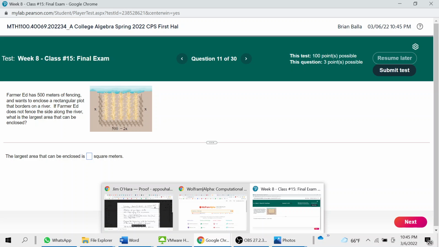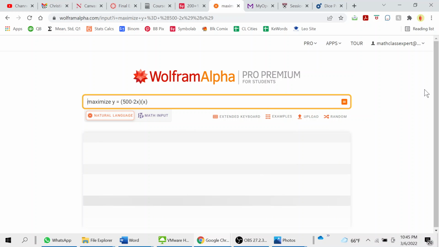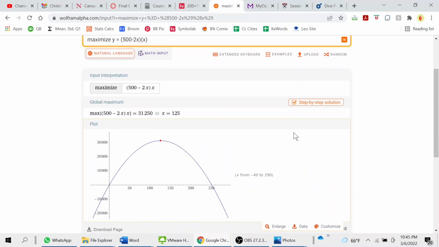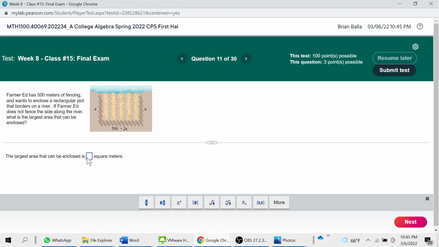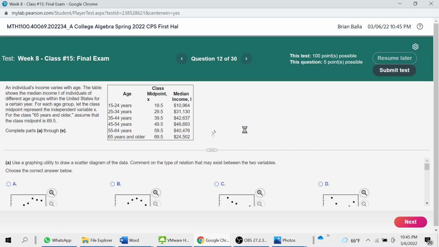Does not fence alongside him. Let's see what this says. The value of x is 125, and the maximum area is 31,250. 31,250 square meters. See, that one solved it quite quickly.